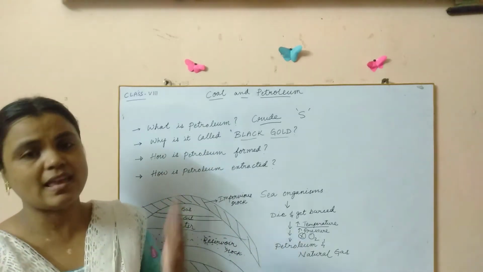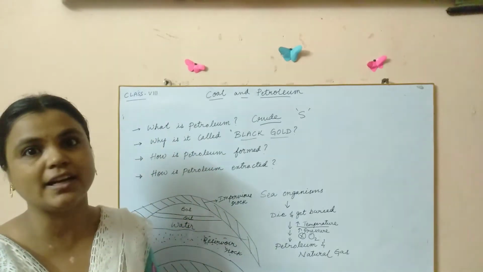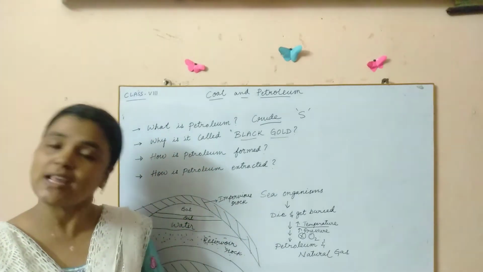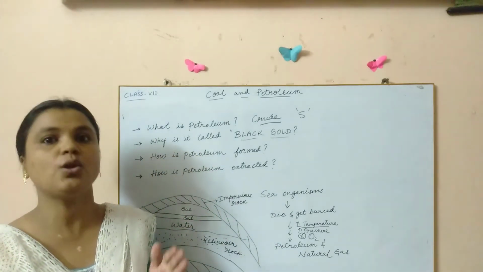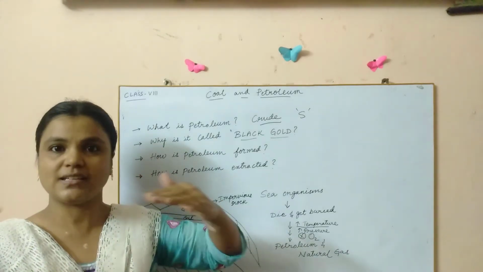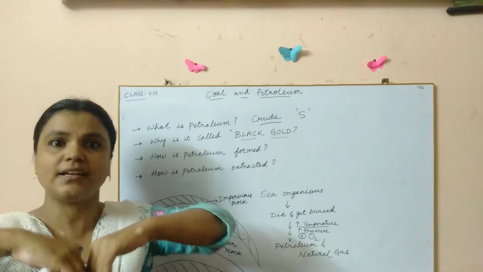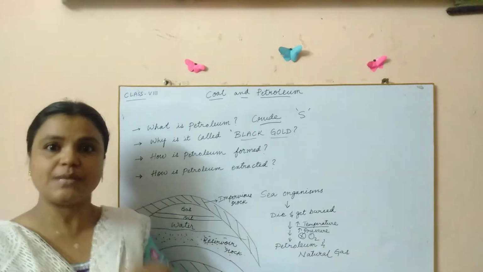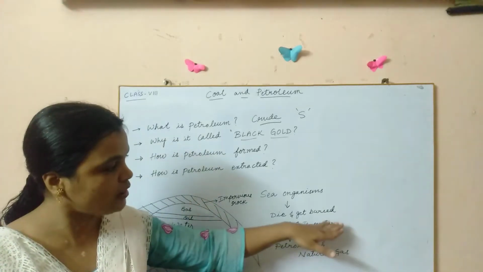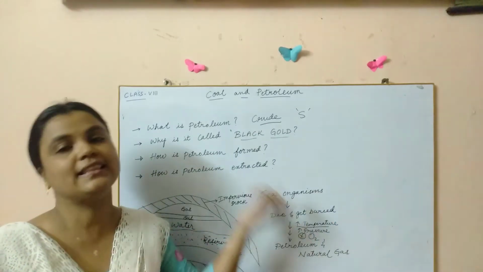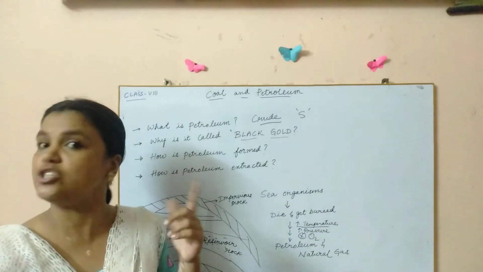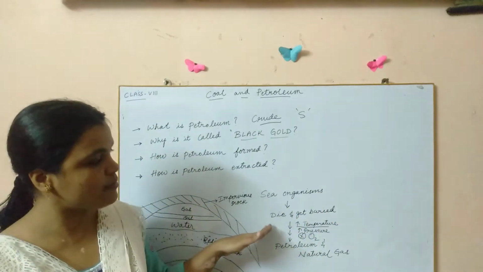It's the same as in the case of coal. We learned about the formation of coal. What happened to the vegetative matter? There also the dead vegetative matter of the forests or the plants just sank down and down, deeper and deeper, so that all these factors act, and then it gets transformed into coal, right? So the same is the case here also.